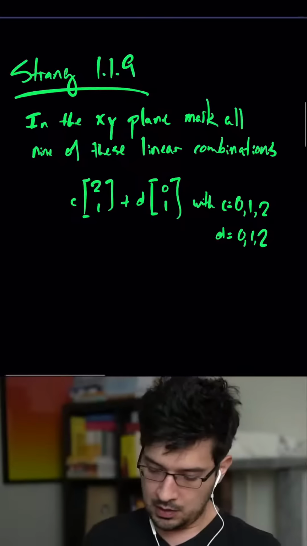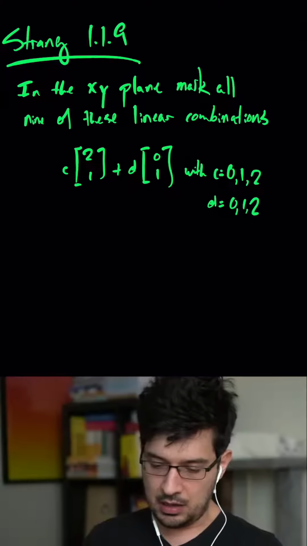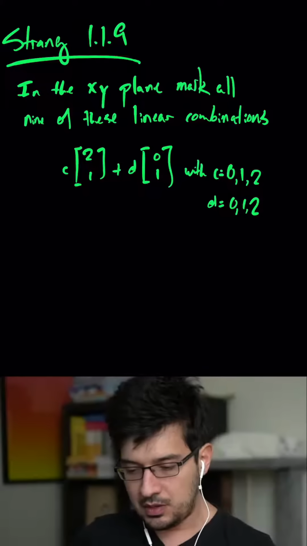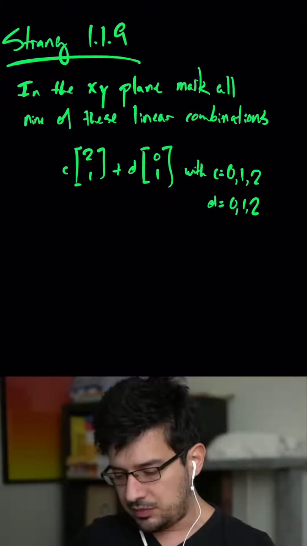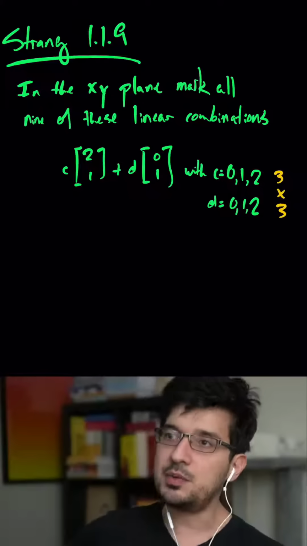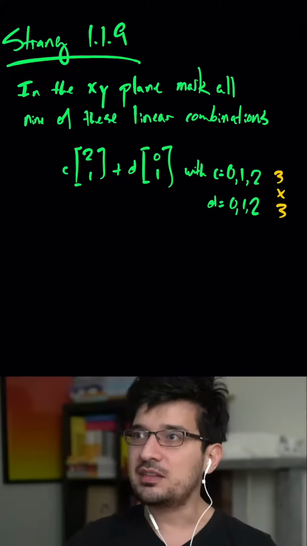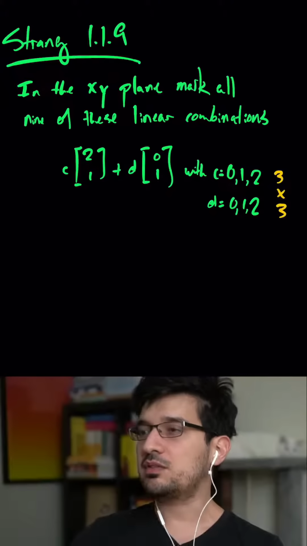All right, so it said mark all 9 of these linear combinations. Why are there 9? It's because we have 3 options here, and then we have 3 options for the second one, and, well, 3 times 3 is 9. So let's figure out what that's going to look like.